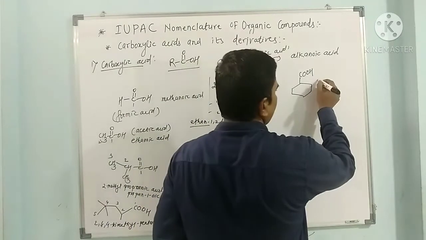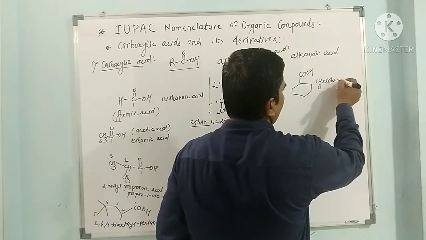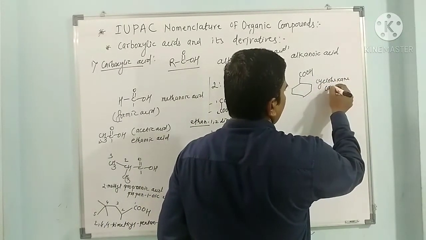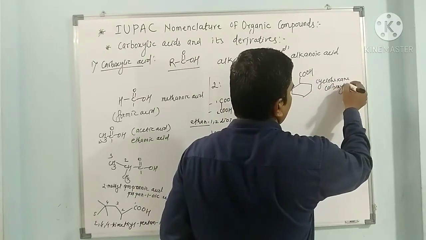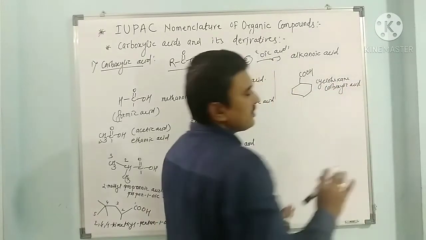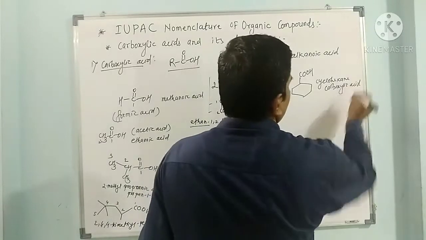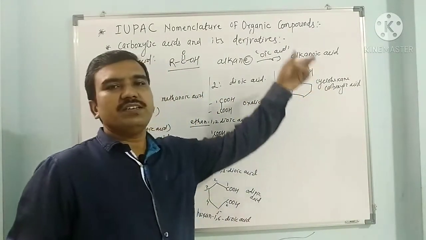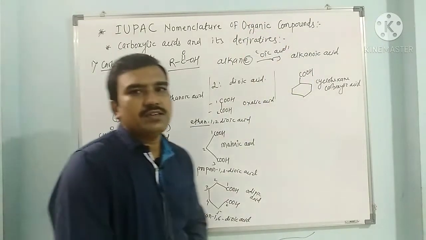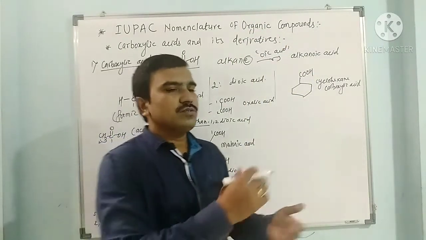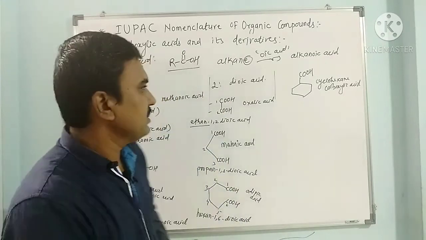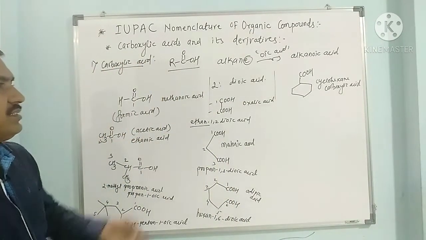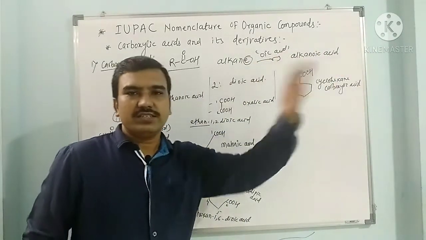So this is cyclohexane carboxylic acid, not cyclohexanoic acid. In the same way, if a methyl group is attached, it is 1-methyl cyclohexane carboxylic acid. So here we can give IUPAC names to the carboxylic acids. These are called alkanoic acids.